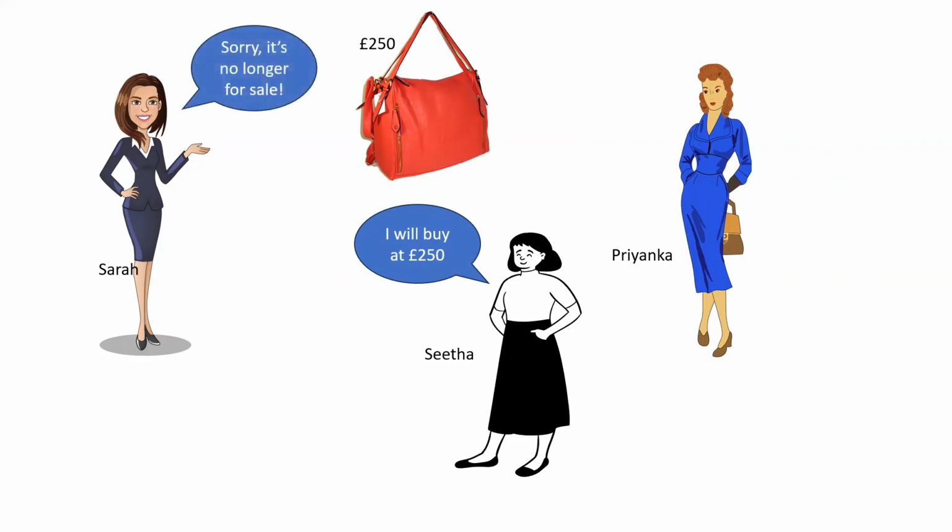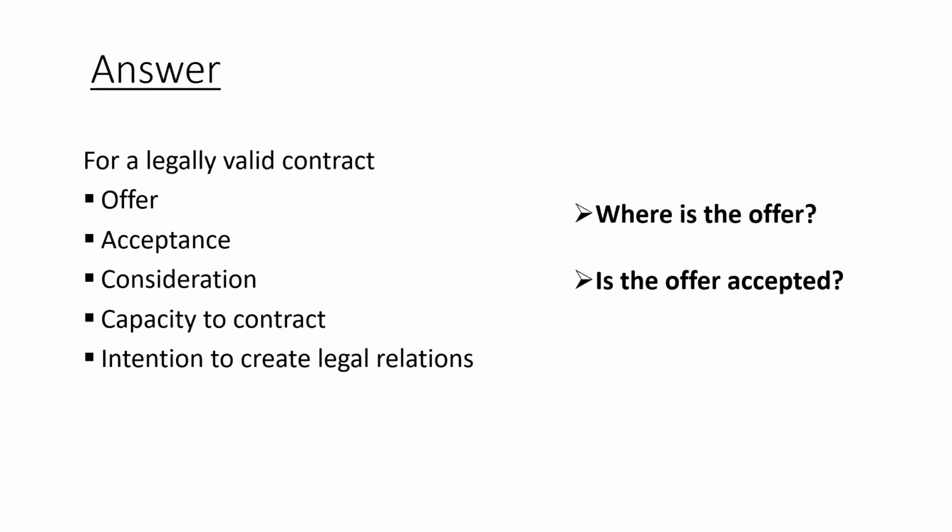But here too, Sarah is disagreeing to sell the handbag. So then the issue here is whether Sarah is bound to sell the handbag either to Priyanka or to Sita. We need to answer this question and let's see how we do it.